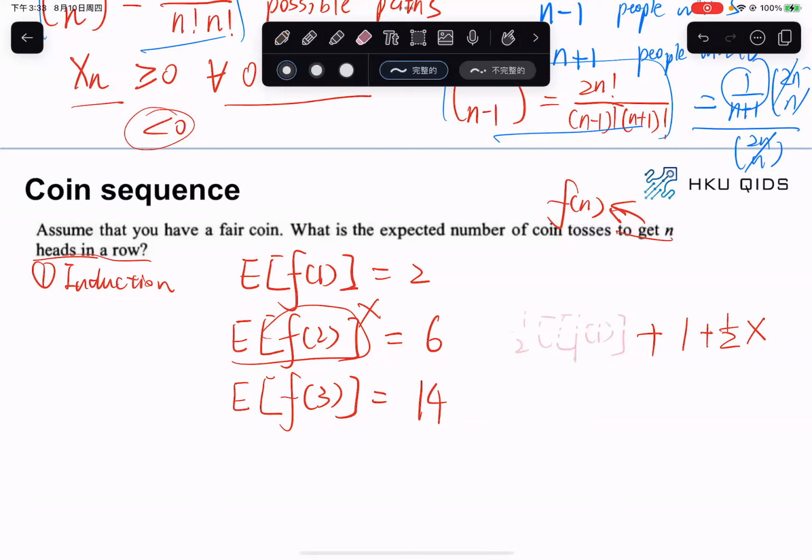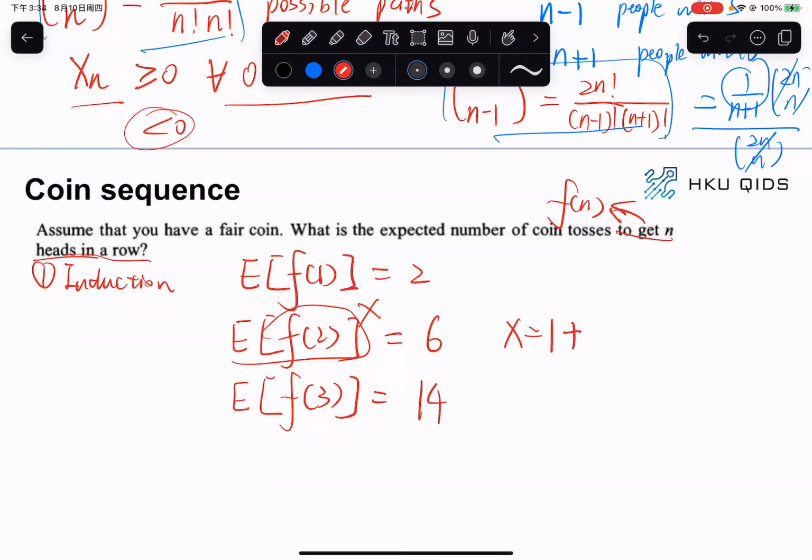We can have this thing as equal to. So we can just do it using the replacement method, because this x is going to be 1 plus 1/2 times EF1.